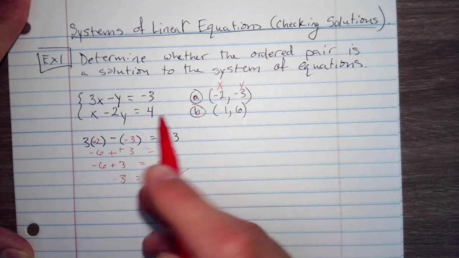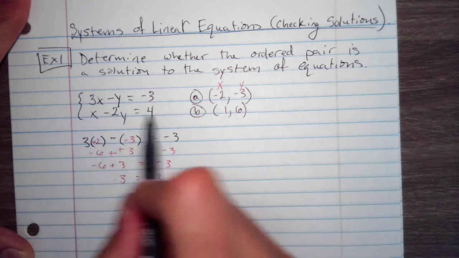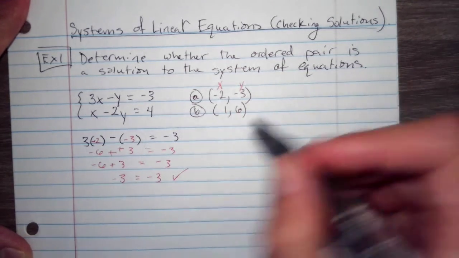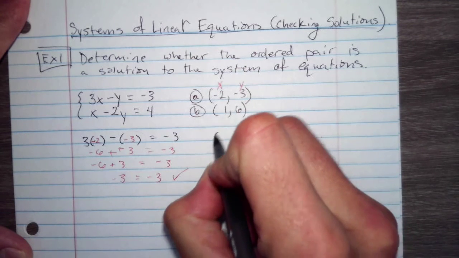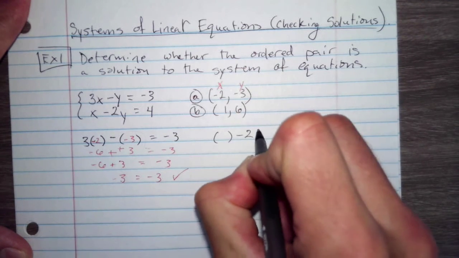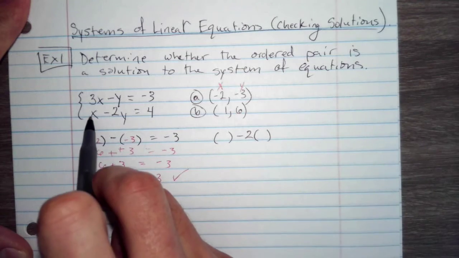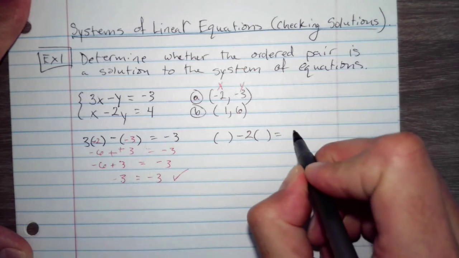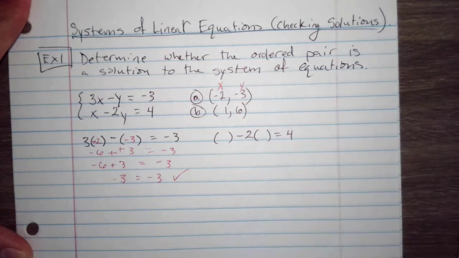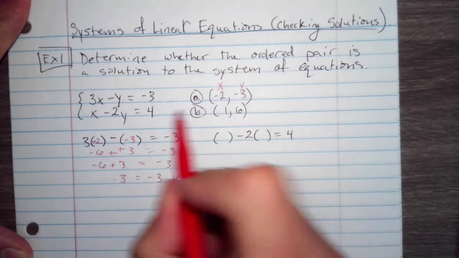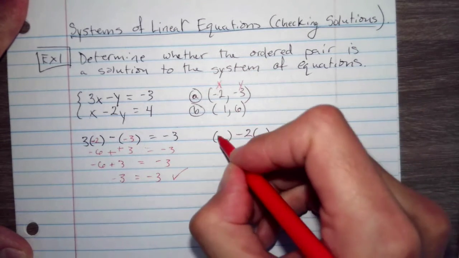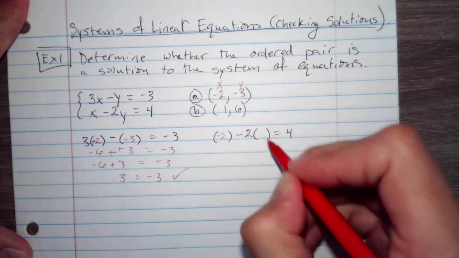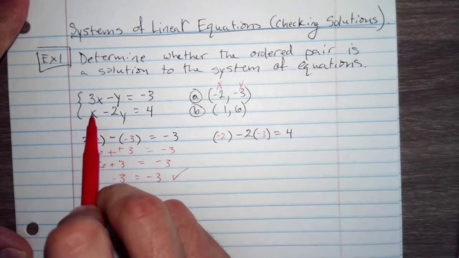Now I must check to see if it satisfies this equation. I have to check both. So I'll take the second equation, and I'm just writing parentheses for each of the variable slots. Then I'll plug in the same ordered pair, negative 2, negative 3 for the x and the y.